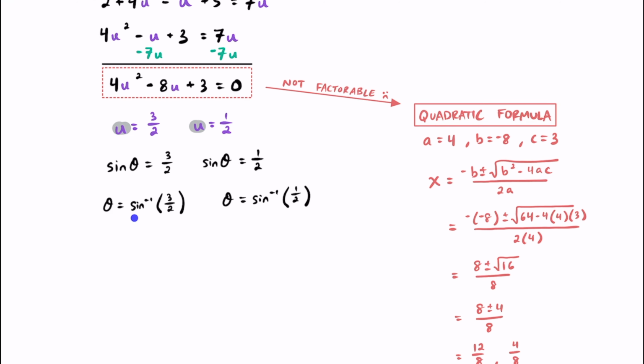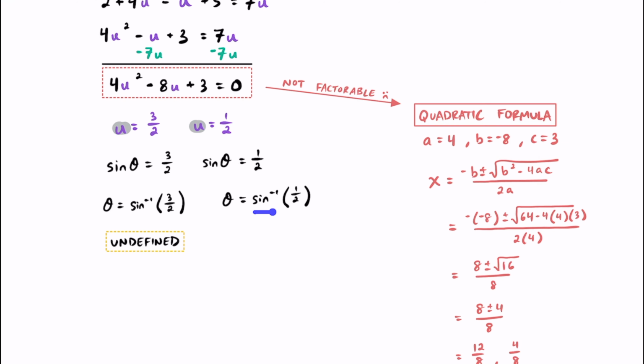Now, if you plug this arc sine of 3 over 2 into the calculator, you're going to find out that this is undefined. Keep in mind that this can only go from positive 1 down to negative 1, so this positive 3 over 2 is outside of the possibilities for the arc sine function. Because this is undefined, we don't have to worry about any solutions coming from there.